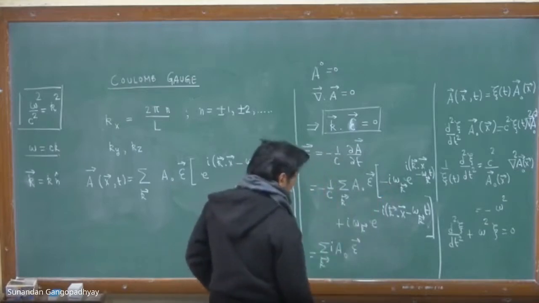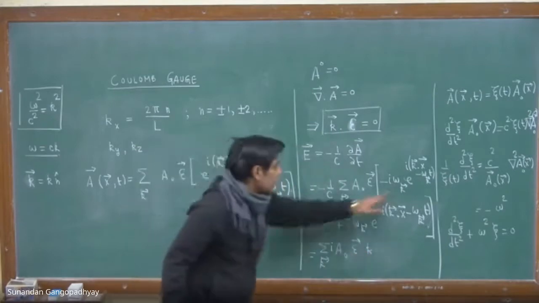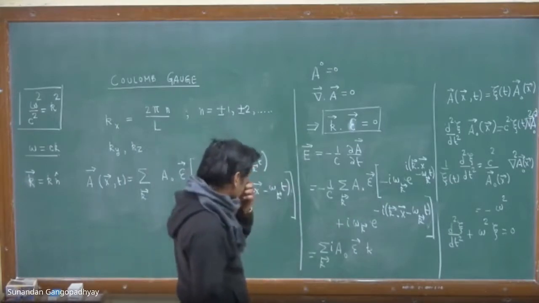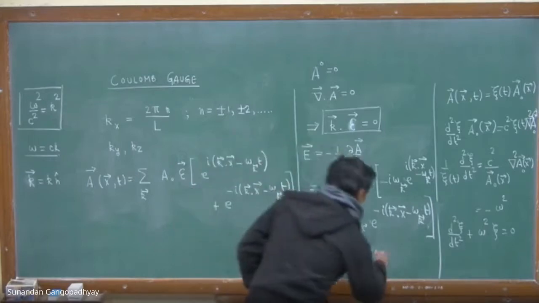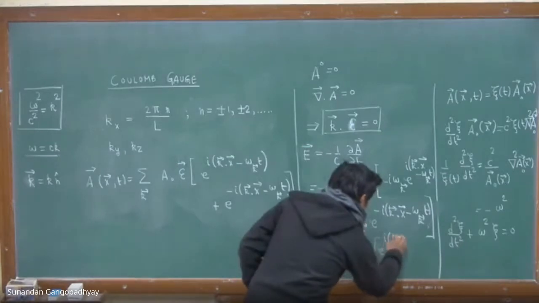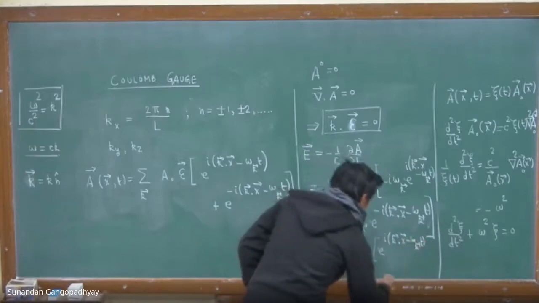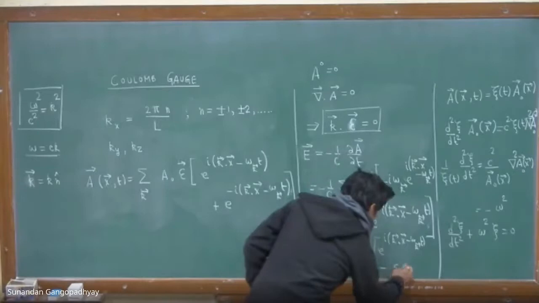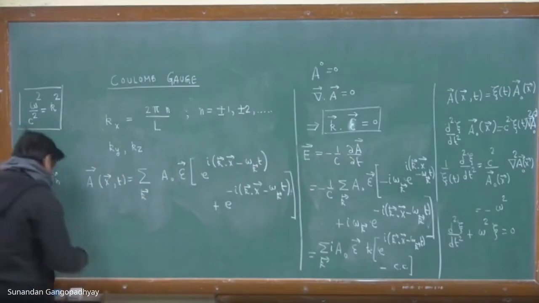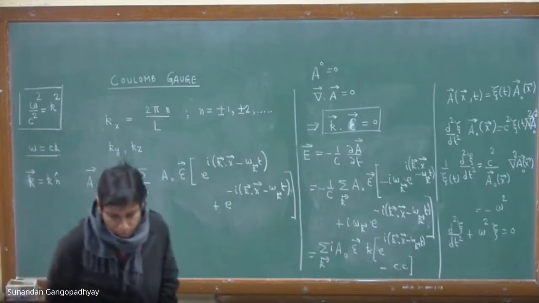Omega k by c is nothing but k, the magnitude of the k vector. And then we will have exponential i (k dot x minus omega k t) minus the complex conjugate of this term. This is what we shall get.